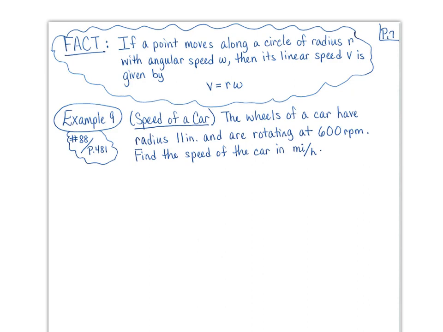The wheels of a car have radius 11 inches and are rotating at 600 revolutions per minute. Find the speed of the car in miles per hour. Here you have to remember quite a bit.